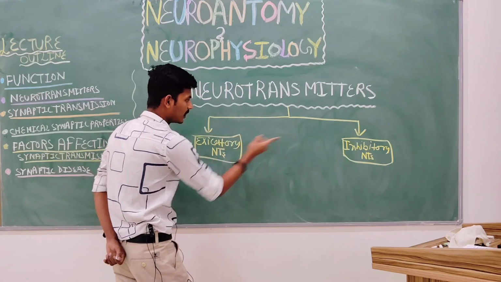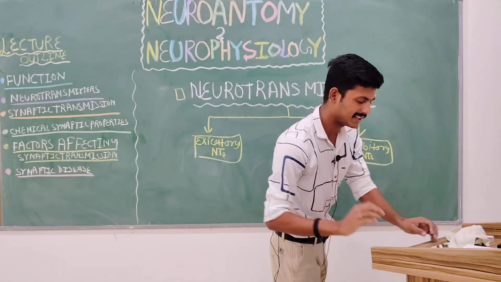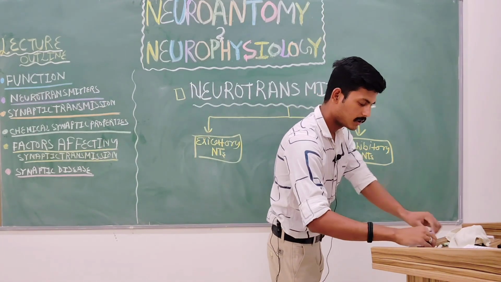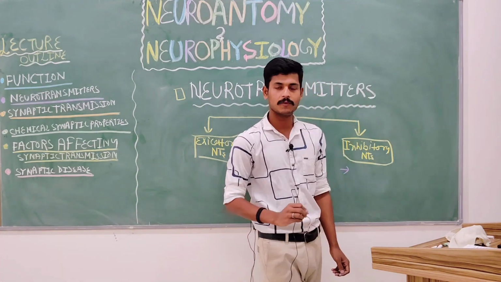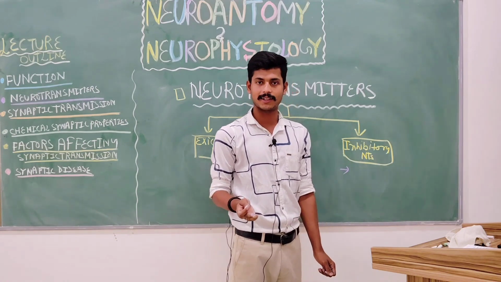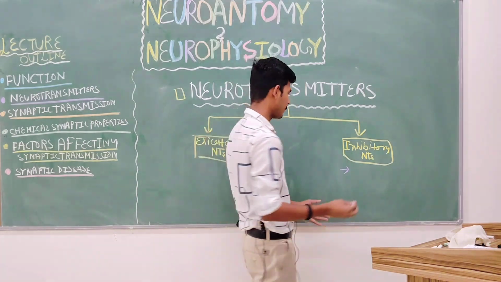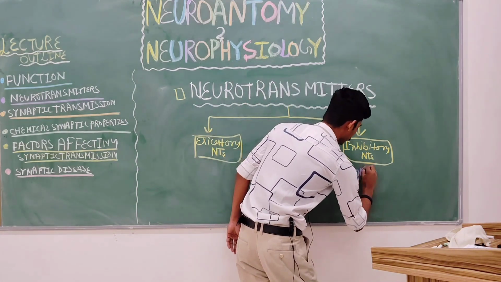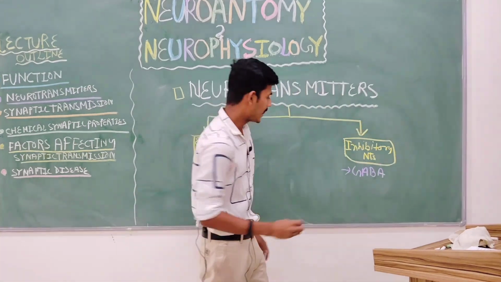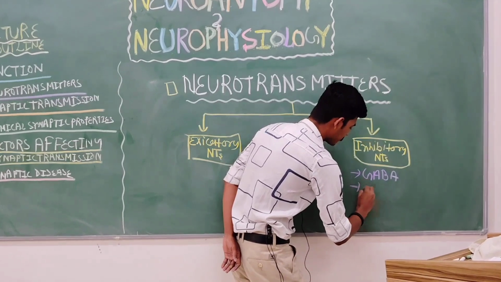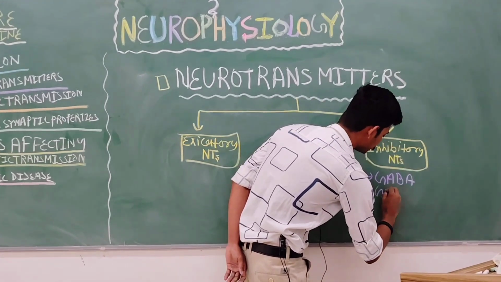now see, inhibitory neurotransmitters, they are very few. So why not first write down their names. The one name which you are familiar with from your earlier classes is called GABA. Fine. Now GABA, and another is called glycine.